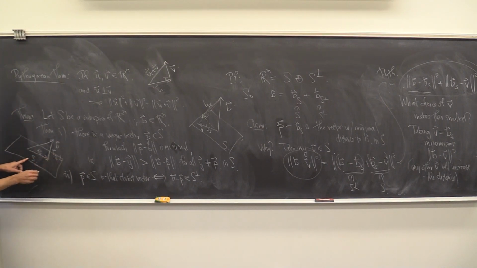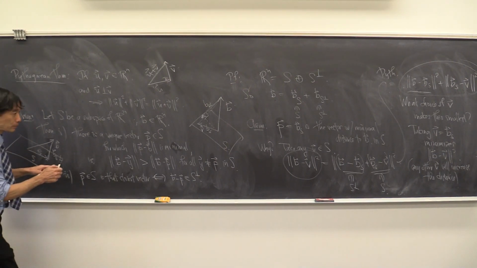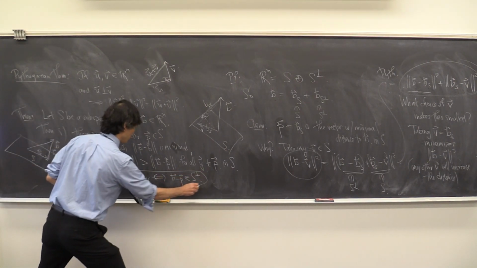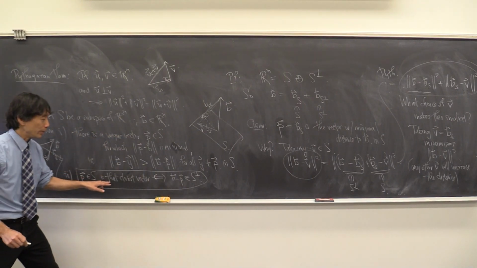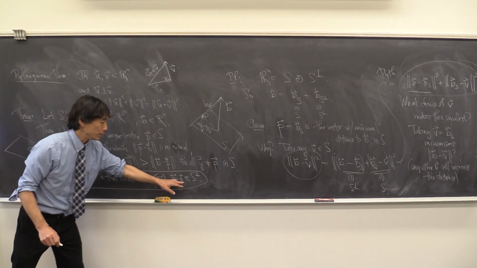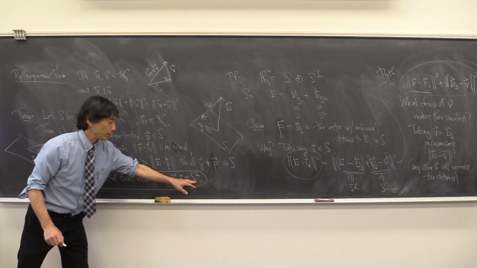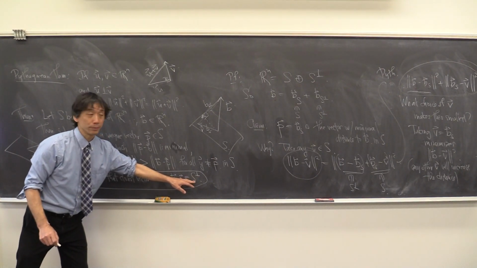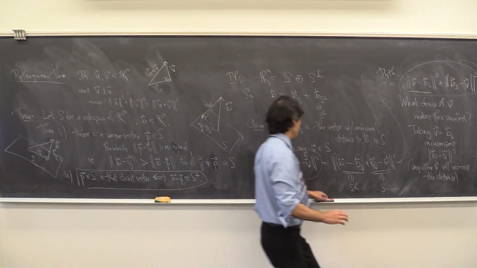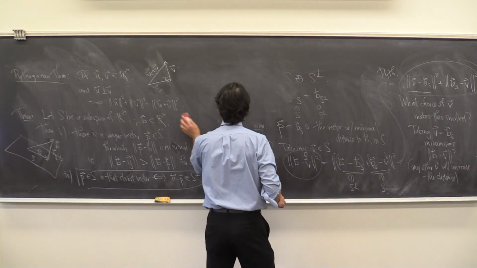The vector you're looking for is the one for which when you subtract it off from B, you get something in the orthogonal complement of the original subspace. The closest vector is the one for which if you subtract it off from B, you get something in the orthogonal complement.